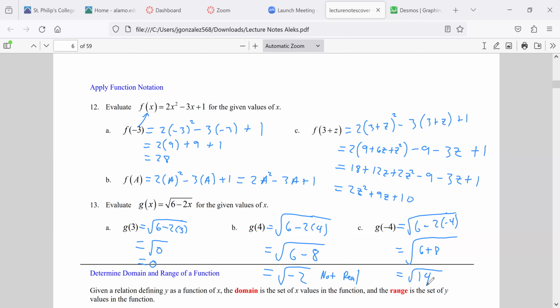Negative 2 times -4 is 8, 6 plus 8, 14. Can this be reduced? We check by looking at the factors, because it's not prime, right? Is there any squared factors inside 14? 2 times 7 are the only factors, right? And those are not squared, so leave it like that. It's fine.